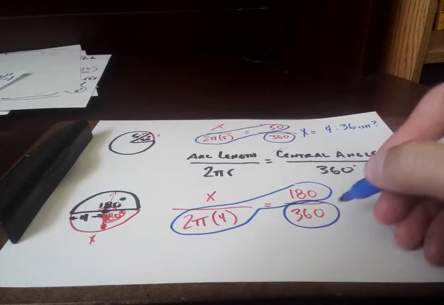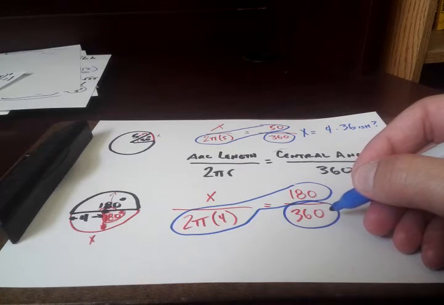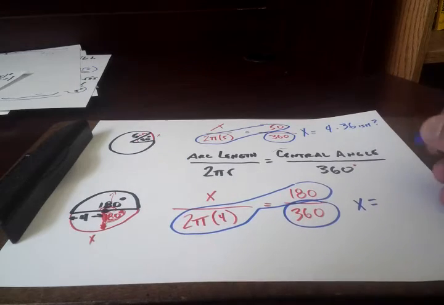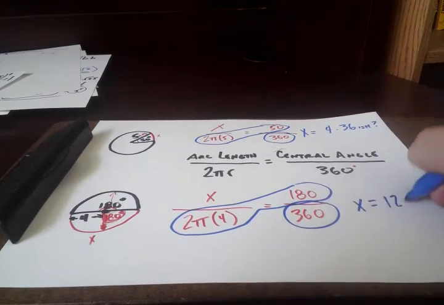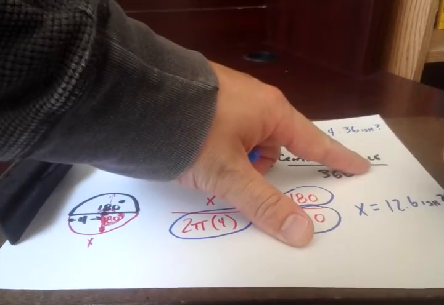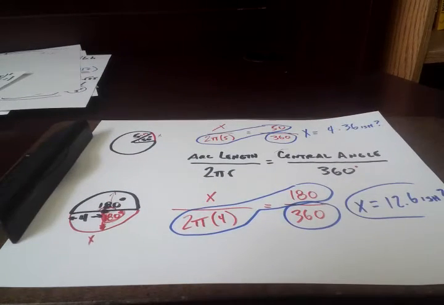We then divide by 360, which should give us our answer, which is x equals, my book has about 12.6-ish. Again, I say ish because if you use 3.14 or something similar, it will be different if you use the pi button. Okay, so I'm not too terribly worried how you round this.